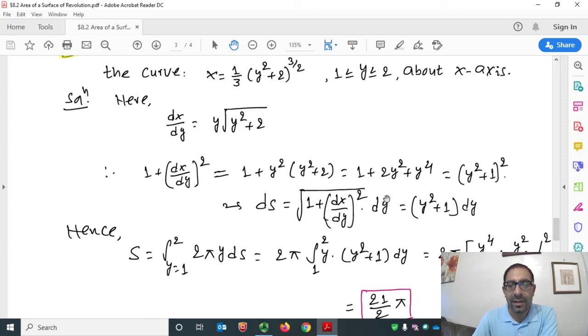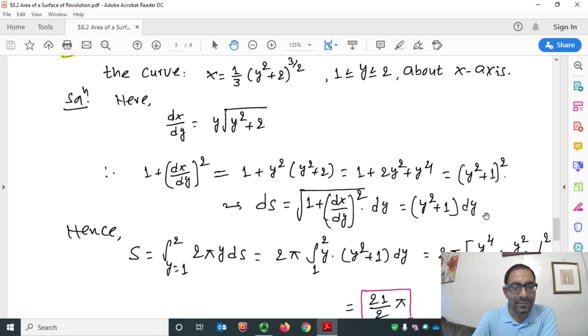Great. So the expression of ds equals, under the radical of this expression, left hand side, times dy. So this square and this radical cancel here. So simply ds equals y square plus 1.